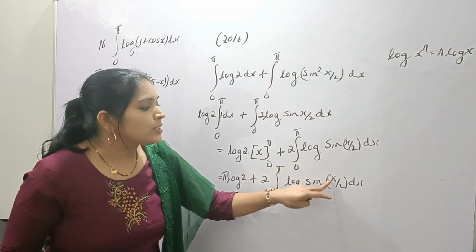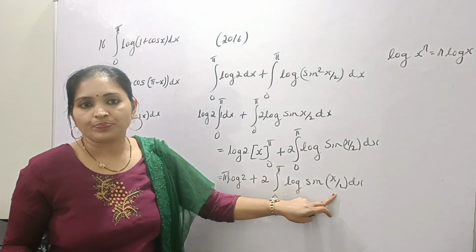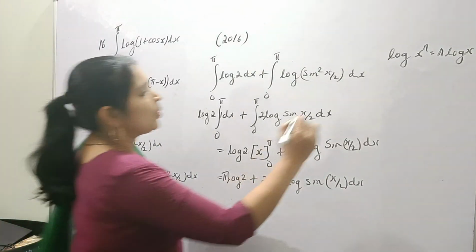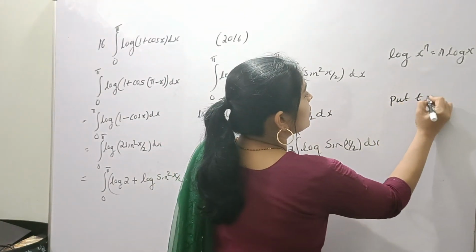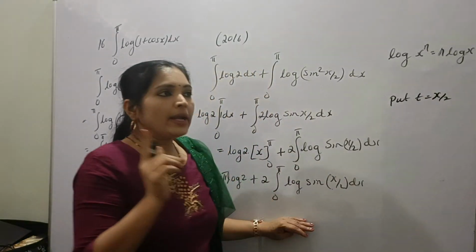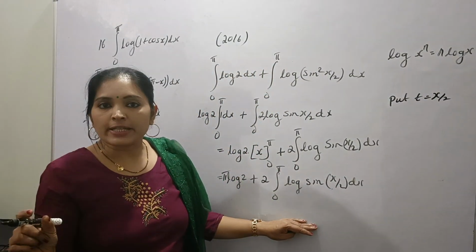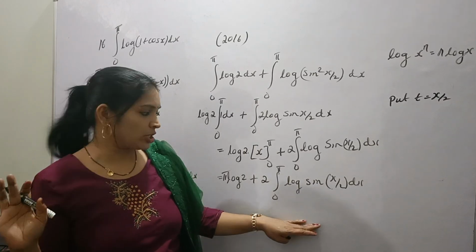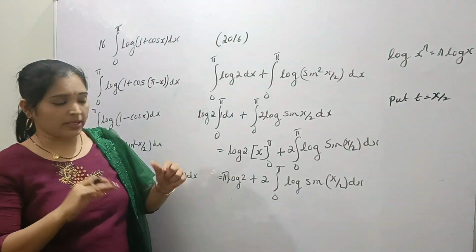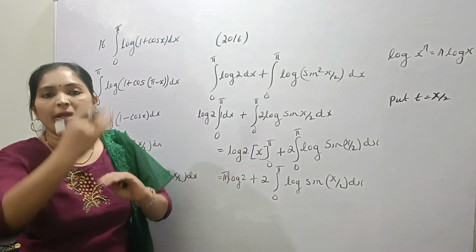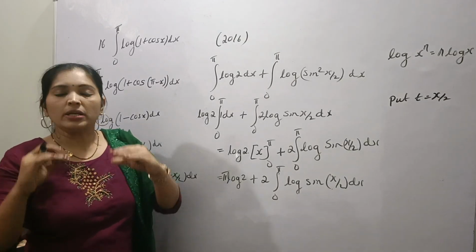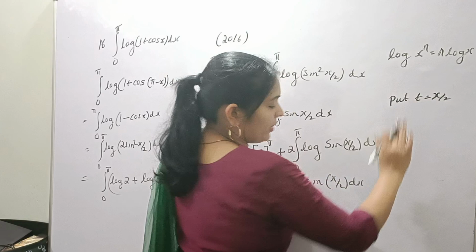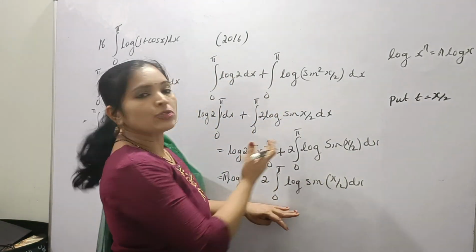So let's put t equal to x by 2 so that it will be sin t. And remember, when the variable changes, the limits will be changed, because here x varies from 0 to pi.